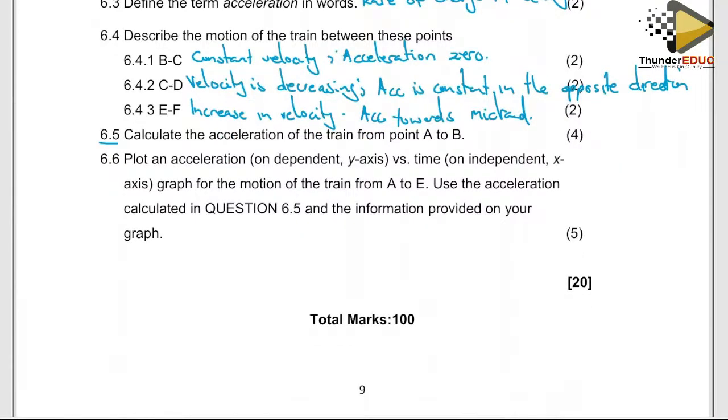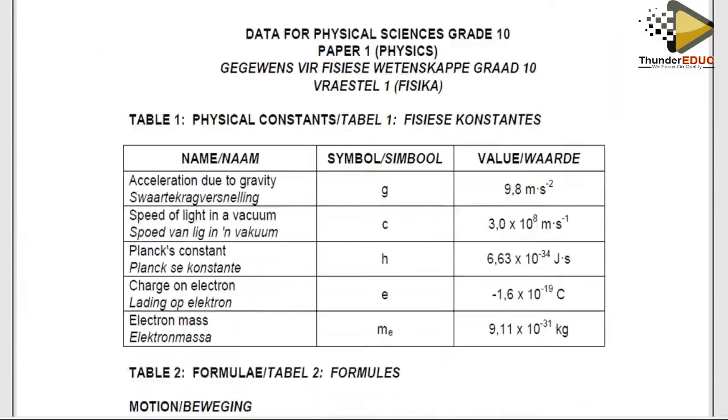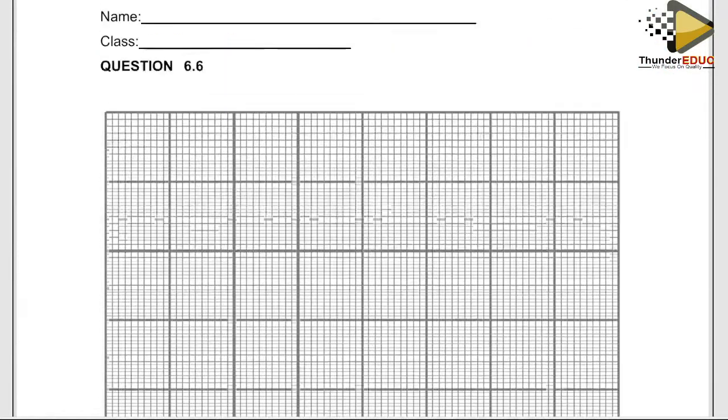Then 6.6 asks us to plot acceleration on the dependent y-axis versus time on the independent x-axis, a graph for the motion of the train from A to E, the whole journey. They use the acceleration calculated in question 6.5 and the information provided on your graph. So I'm going to scroll down to find my graph and then we try and plot.